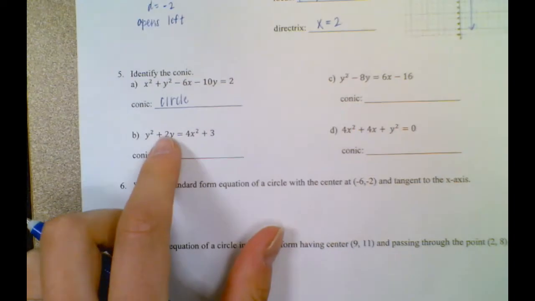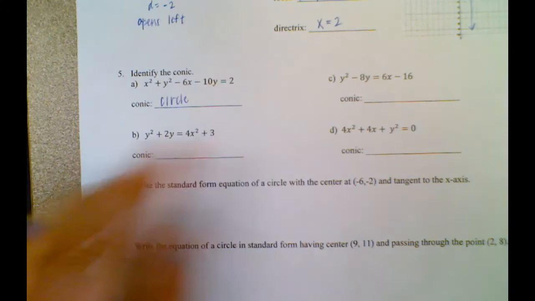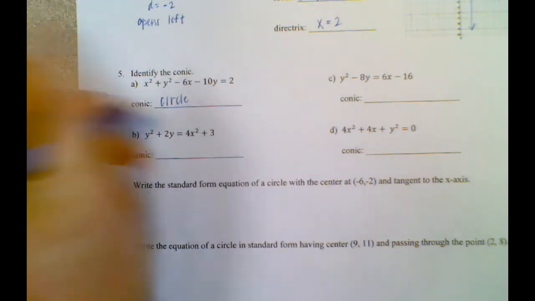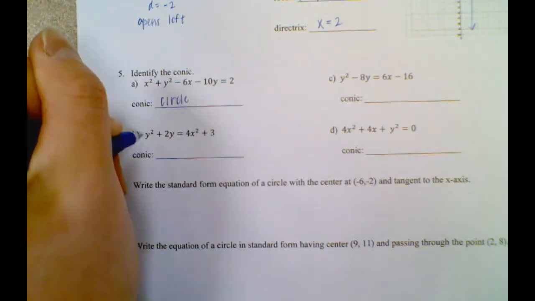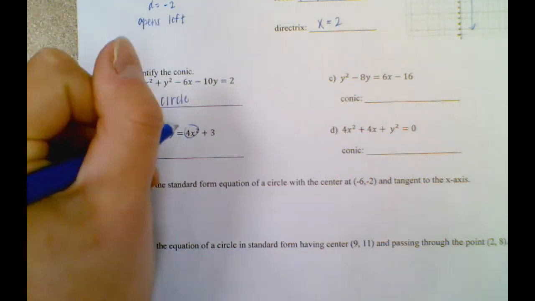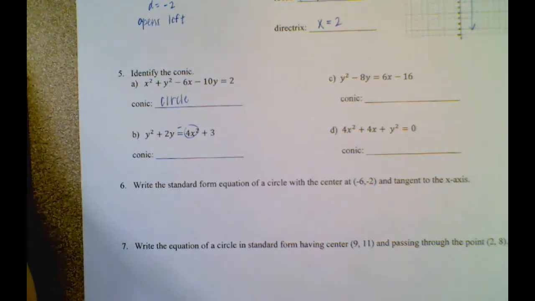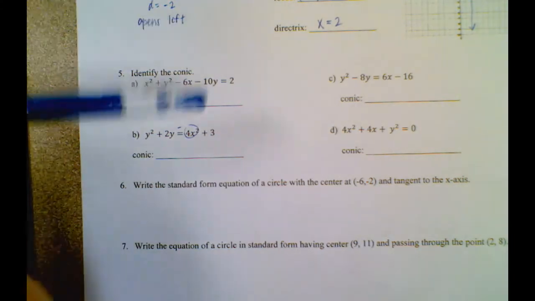Okay, letter B. If I have everything on one side of the equal sign, so say I move this x squared term over to the other side, that will become negative, right? So my x squared term and my y squared term are not the same coefficients, right? And they have different signs.